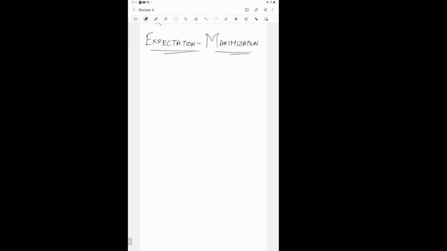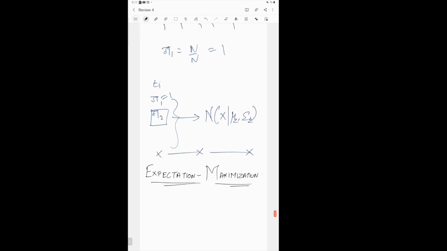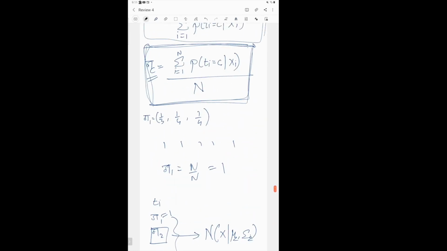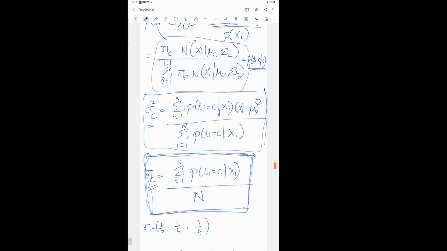So pi is the probability that would tell us, okay, this belongs to this cluster, and pi is one of the parameters that we're trying to estimate. Because we're doing soft clustering, we don't have a definite answer where we know that this data point definitely belongs to this cluster, but here we get a probability distribution, and based on the probability distribution, we know which cluster a data point belongs to.